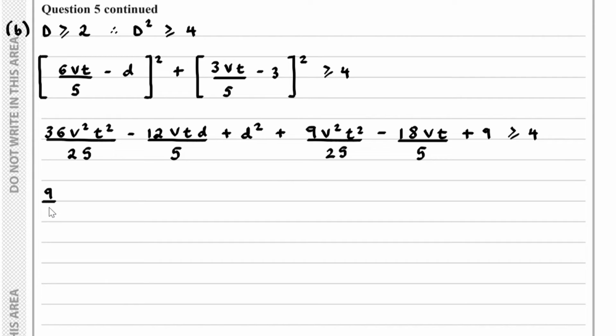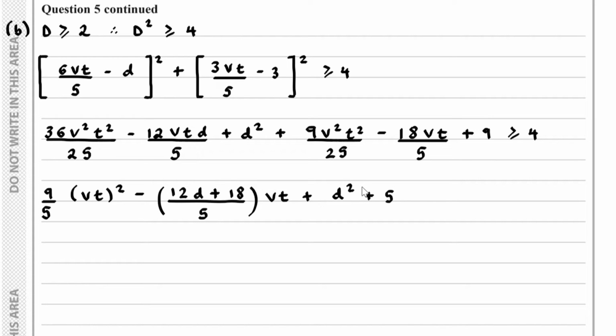So we've got 9 over 5 VT all squared, minus, and then in brackets we would have 12D plus 18 over 5, VT, plus D squared. Now here we've got 9 subtract 4, which is 5. So we've got plus D squared plus 5. This is greater or equal than 0.